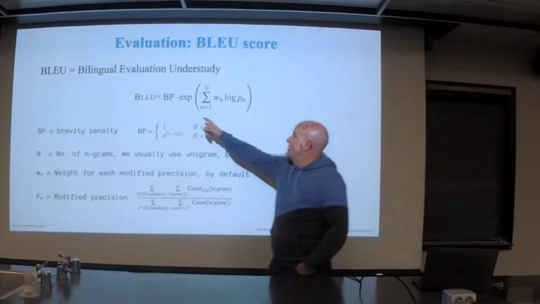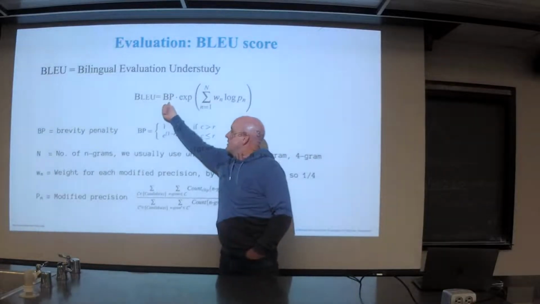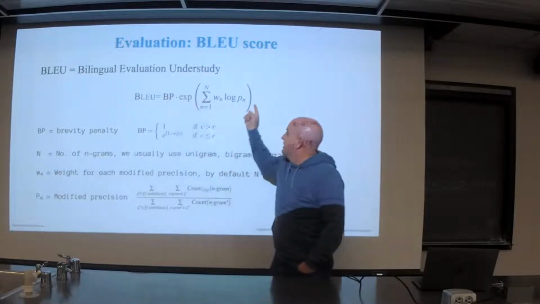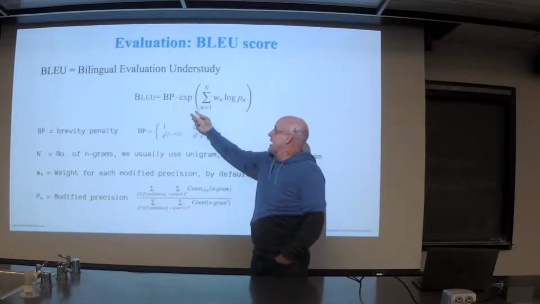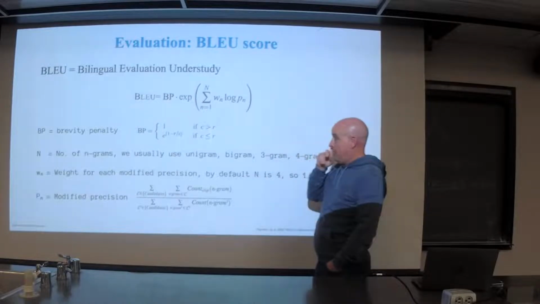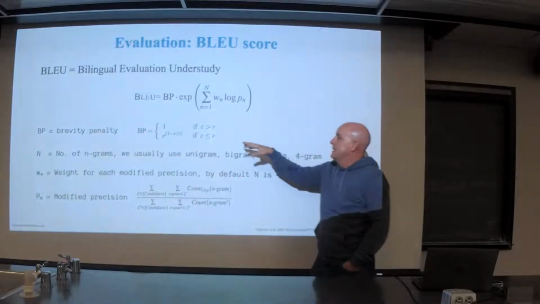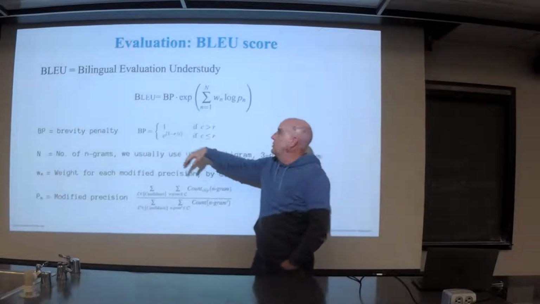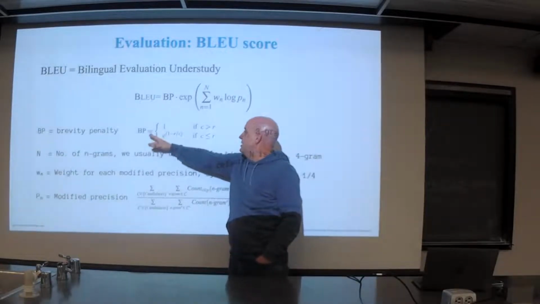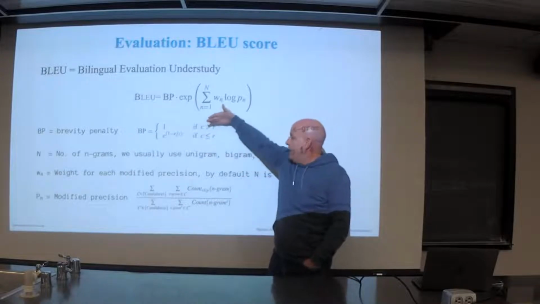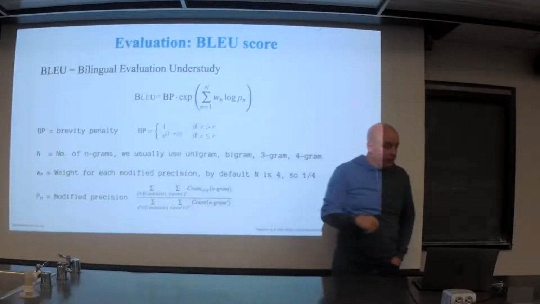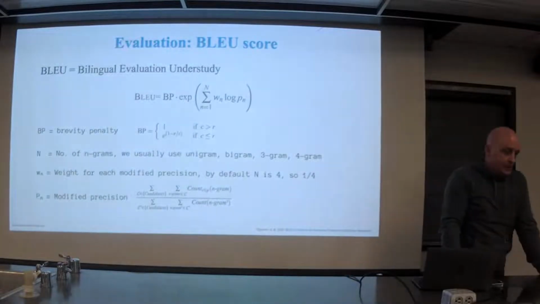You have 2 pieces to it: this brevity penalty times the exponential of whatever all this is here. Higher scores are better in BLEU. So the brevity penalty is there because we're trying to penalize very short translations.